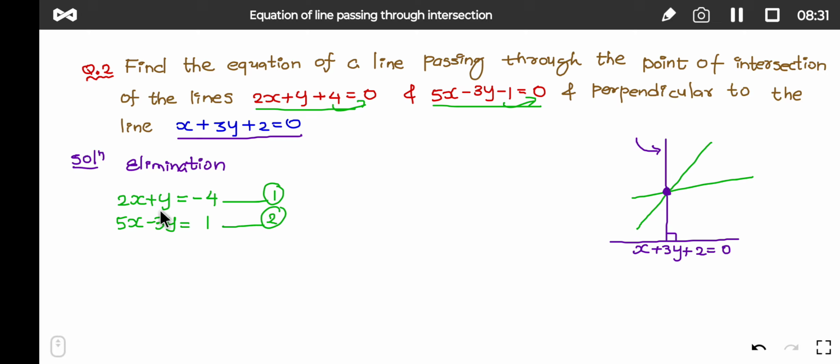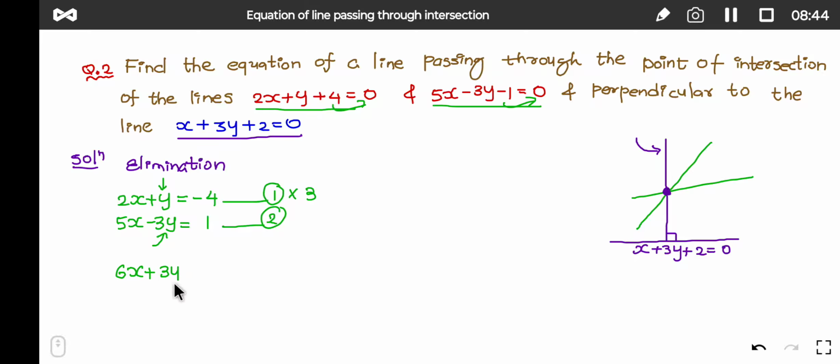Now here you can see that in equation number 1 it is plus y, and here it is minus 3y. So if I just multiply the first equation by 3, what will we get? 3 into 2, 6x plus 3y is equal to 3 into minus 4, which is minus 12. The second equation as it is, 5x minus 3y is equal to 1.